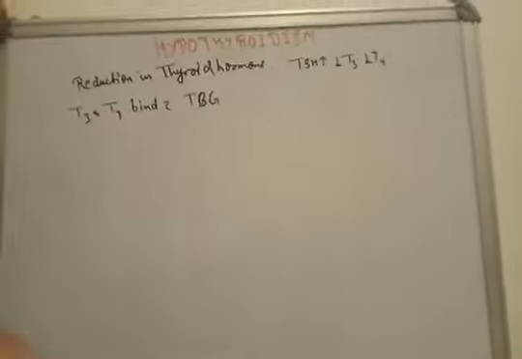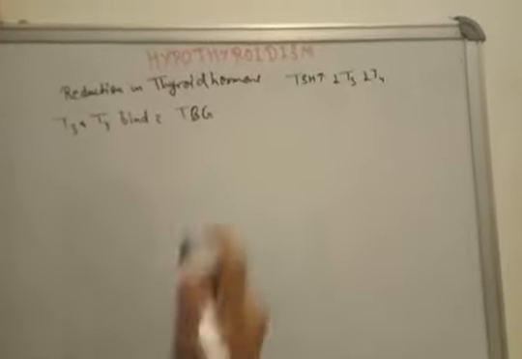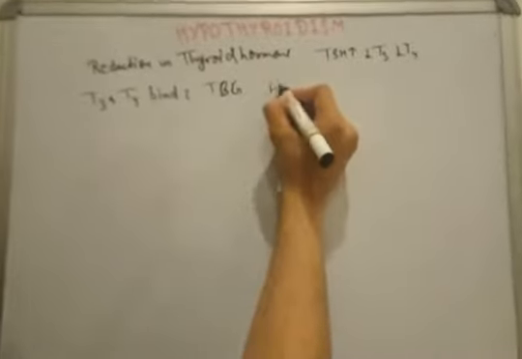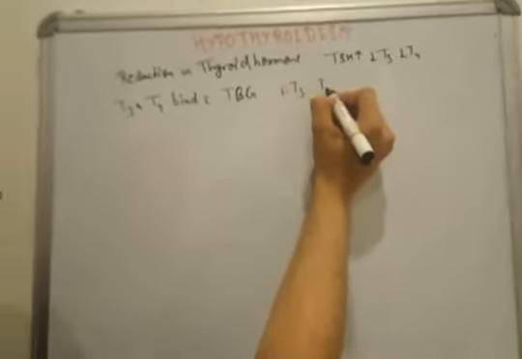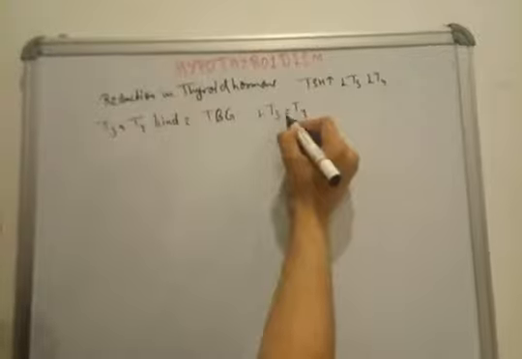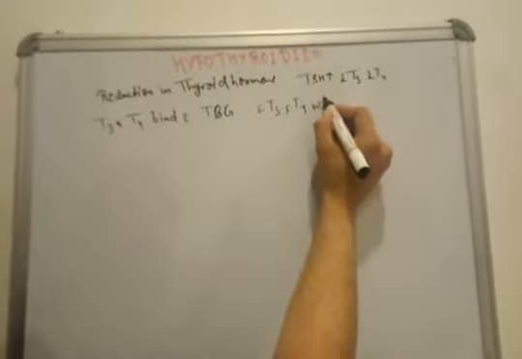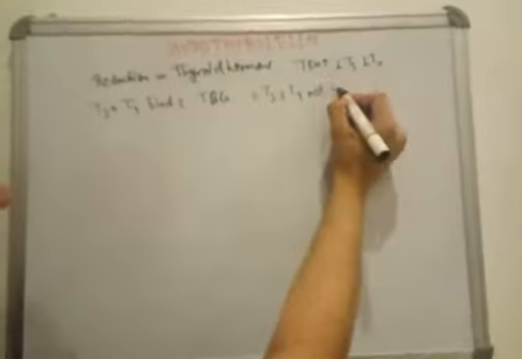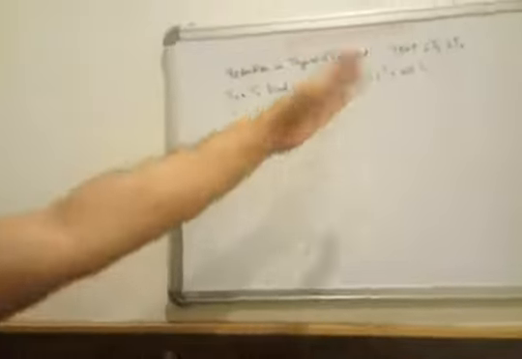That's why if we want to investigate hypothyroidism, we need to take free T3 and free T4. Why? Because they are not bound with anything. So TSH and free T3, T4 levels we are going to measure.